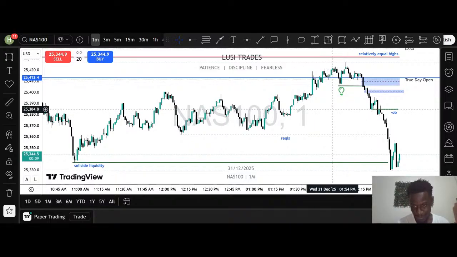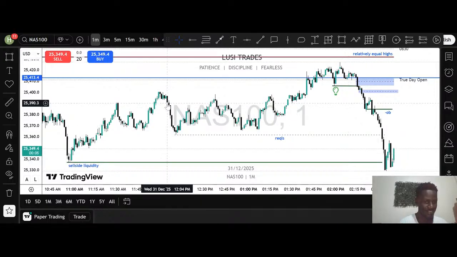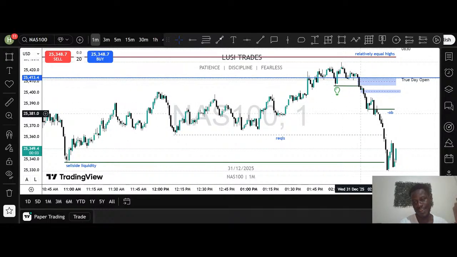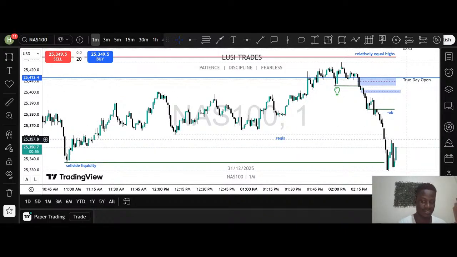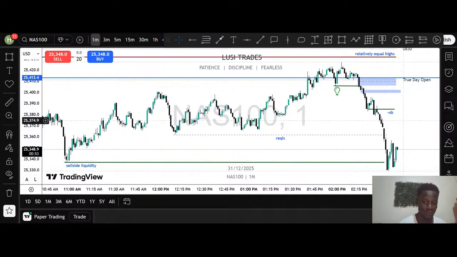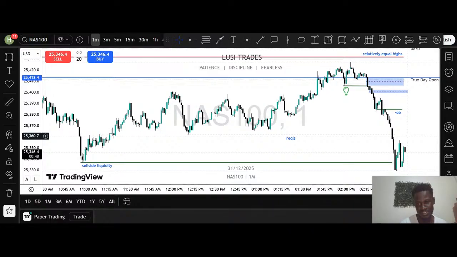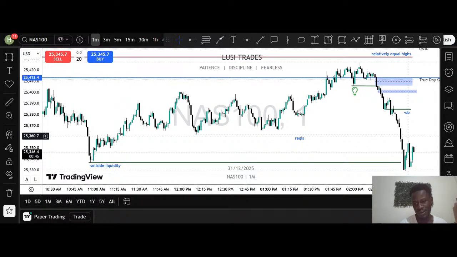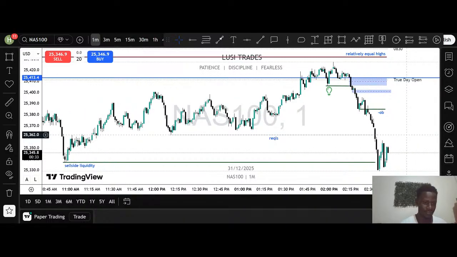So far, this was the setup. I didn't execute, maybe I was waiting for a return into these levels, but it went without me. Still fine. If it now wants to trade higher or continue lower, that's none of my business now, because I want to program my mind to be only catching this range.